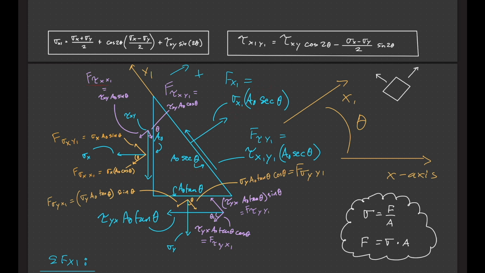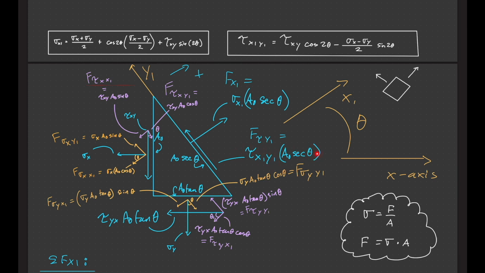The x1 direction is going to be our new x-axis, by the way, and y1 is going to be our new y-axis, okay? So stress x1 times A naught secant theta gets us the force in the x1 direction, and that's going to be a positive force.